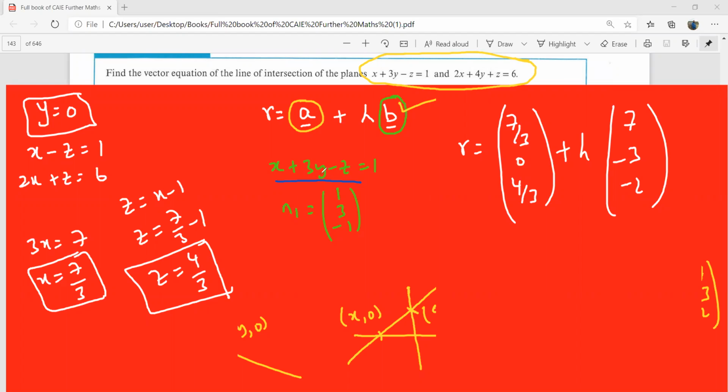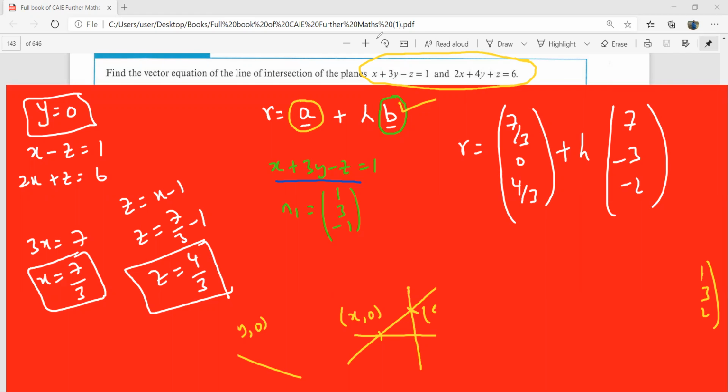So the point has to be on both the planes. Therefore, we solve the equations of the planes simultaneously. While solving these equations simultaneously, we have to reduce these two equations up to two variables. For that purpose, you can either put your x equal to 0, you can put your y equal to 0, you can put your z equal to 0.